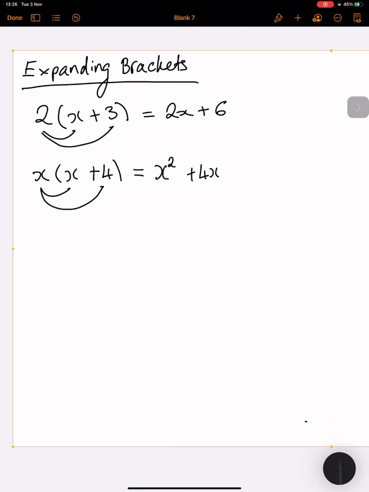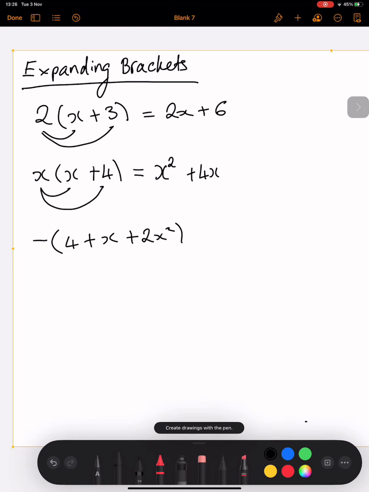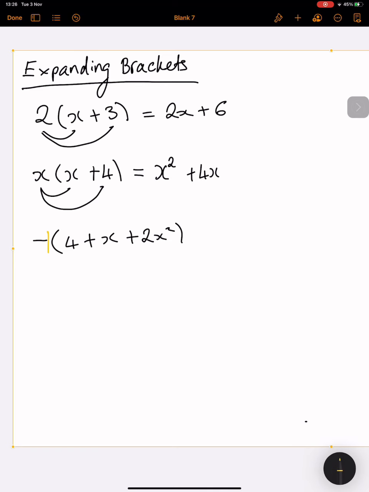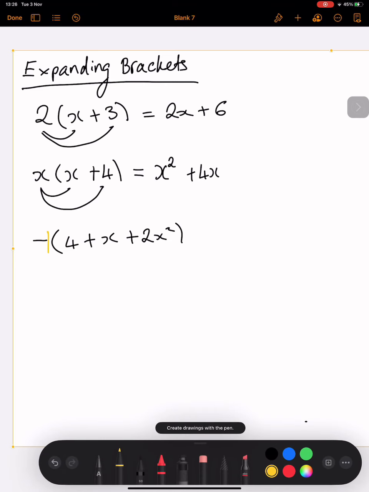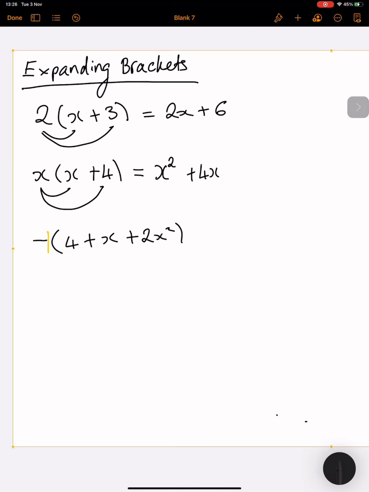Now, if you have a minus on the outside, what it's going to do is essentially it's minus 1. So what you're going to do is you're going to times it all by minus 1.